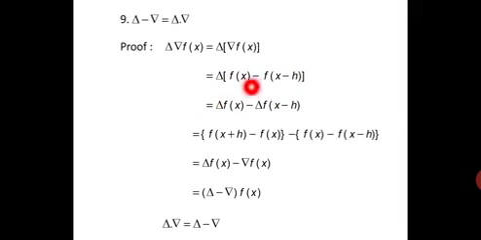Here I applied it. Now, I will write the definition of the forward difference for this one. Delta of f of x is nothing but f of x plus h minus f of x. Similarly, I will apply the forward difference for this part. It is f of x minus h. Now, if you simplify this, what is left out will look like this.